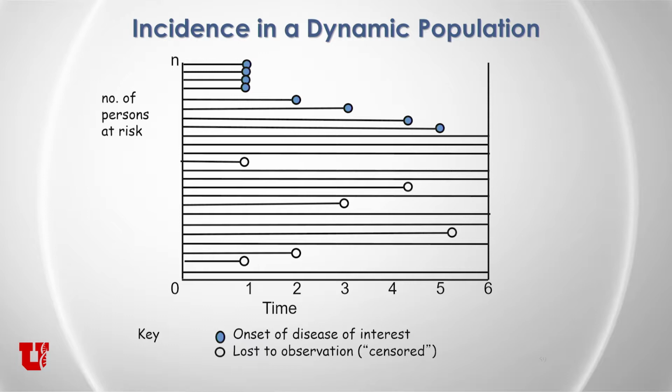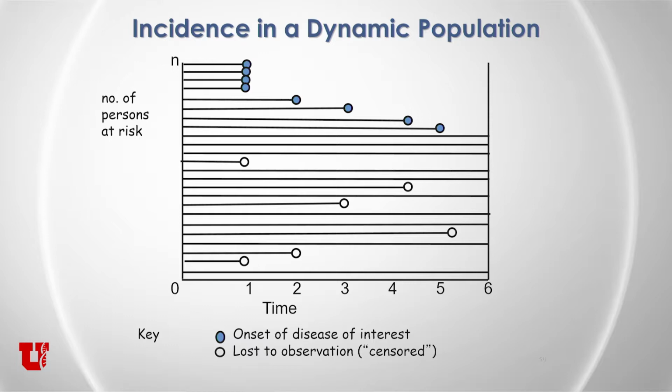There are 4 people who are diagnosed with our disease, have new incident disease at time 1. And then there are 2 people from within the population that are not diagnosed, but that is the end of their observation. So they stop contributing person time. And then at time 2, a new incident event, another person lost to follow-up, and so on.